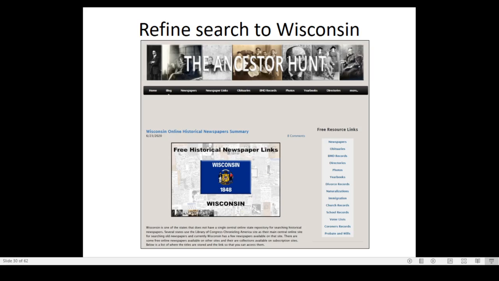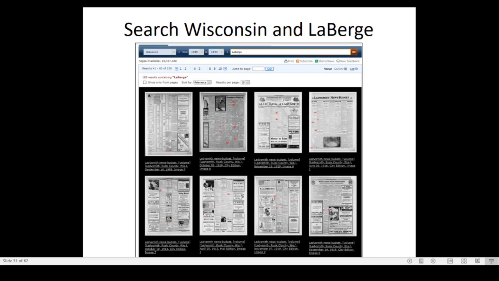In this case, I refined it to Wisconsin, and now it lists Wisconsin, and I did a search for the family name LaBarge, which was my wife's maiden name. And there's a whole bunch of them that showed up. Let's see if they have a quantity. 188 results.